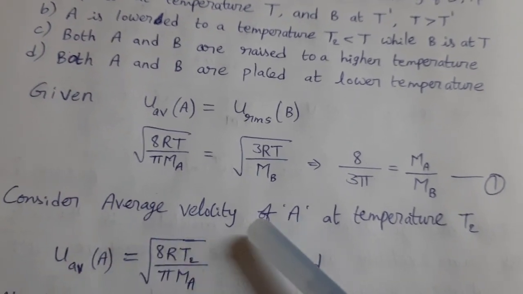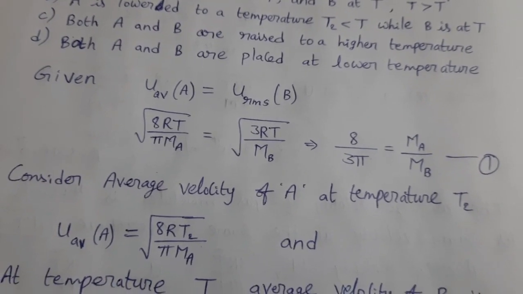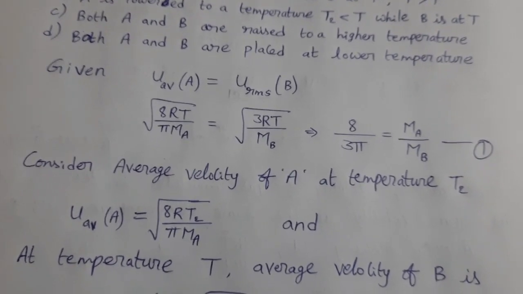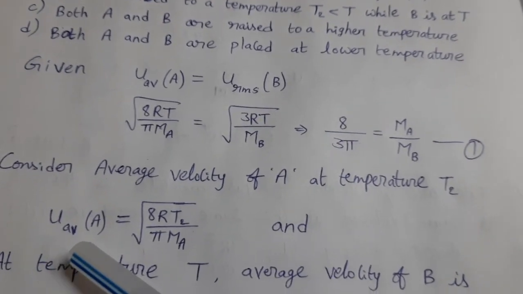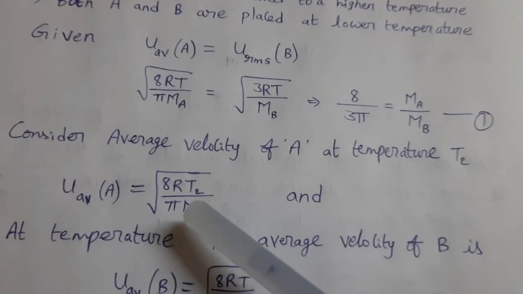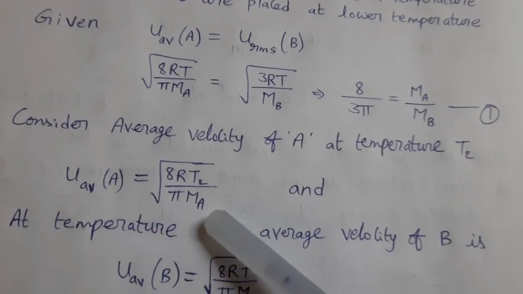Consider the average velocity of A at another temperature T2. For molecule A, the formula is average velocity of A equals square root of 8RT2 by pi MA.